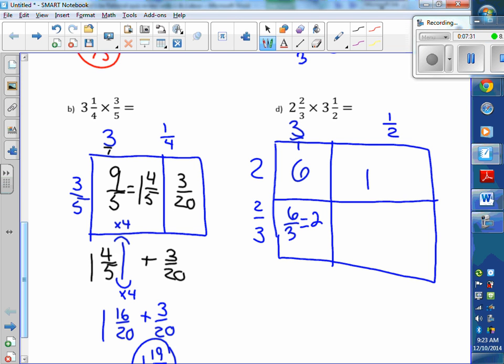Do you get that? Everybody? Okay. And then 2 times 1 is 2. 3 times 2 is 6, which is the same as 1/3. So final answer, 6 and 2 plus 1/3, 9 1/3. That is simplified.